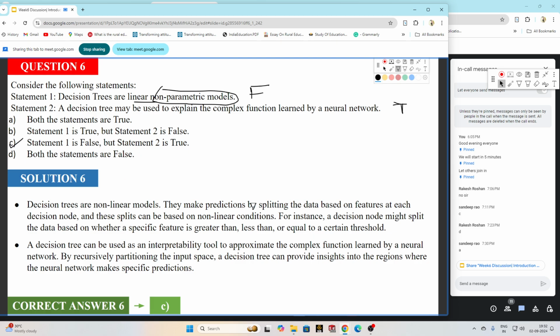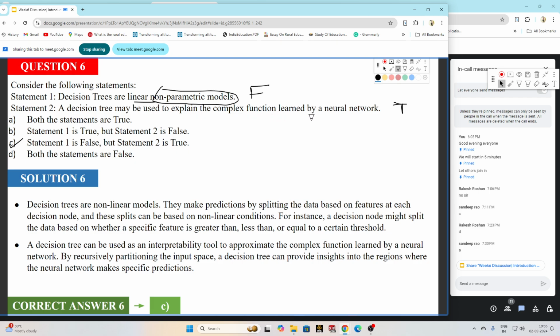Okay, so again I am repeating, statement 1 is false because a decision tree is not a linear model. Your linear models are linear regression, logistic regression, then SVM. These all are linear models, but decision trees are non-linear models. And second, a decision tree may be used to explain the complex function.